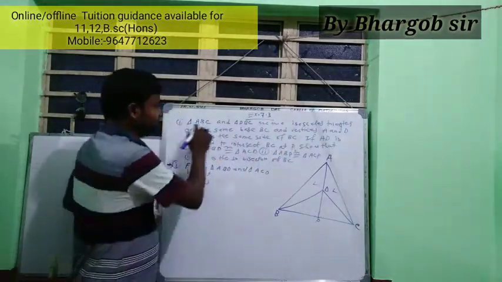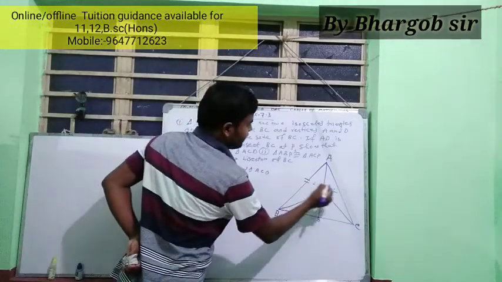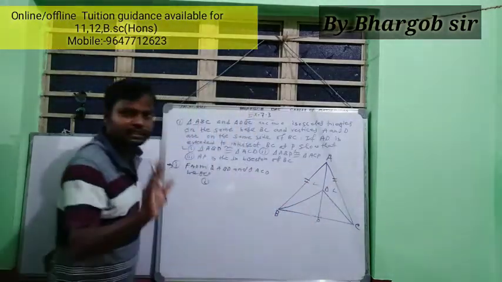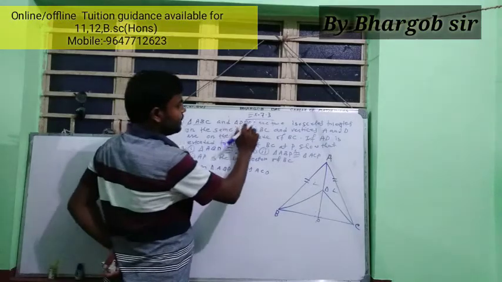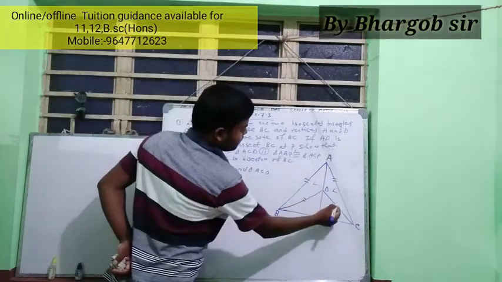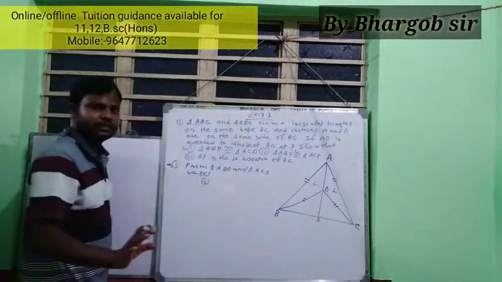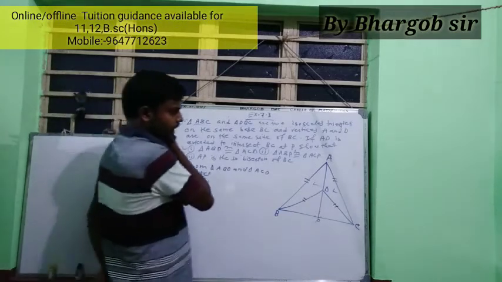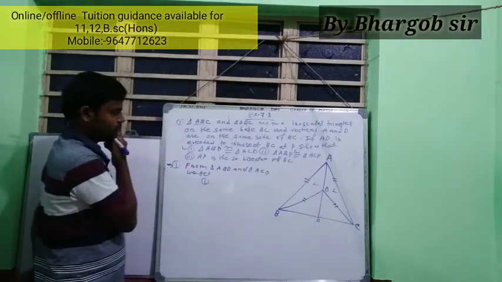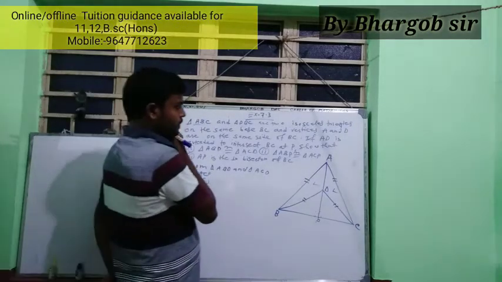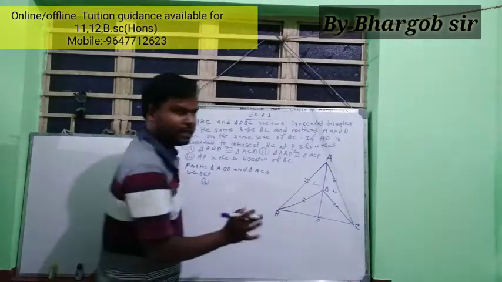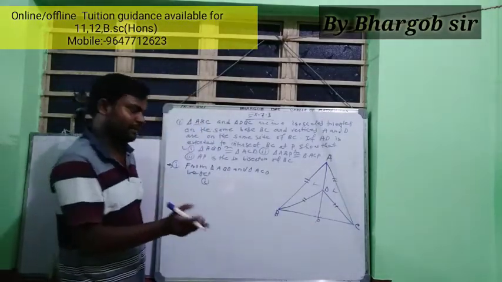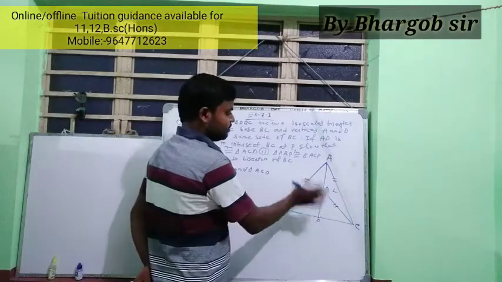So in triangle ABC, this side and this side are equal. It is given. And in triangle DBC, this side and this side are equal. It is given. And the base is the same in these two triangles.